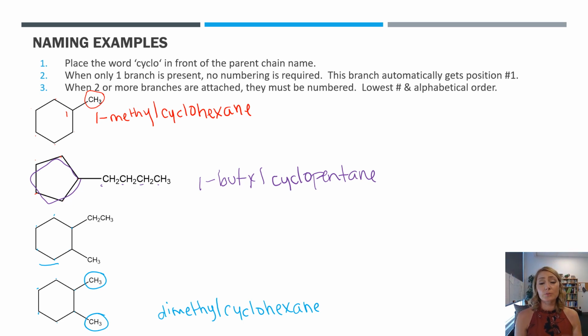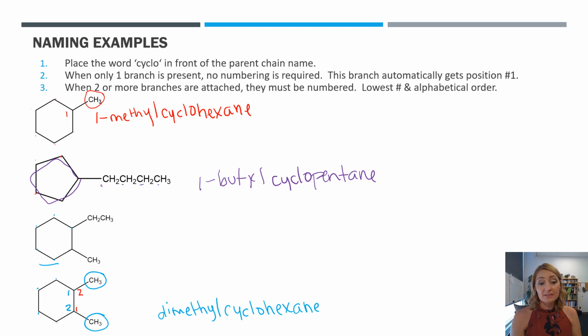What's very important, we're now at naming example number 3. We have 2 or more branches present, so we have to number these guys. So I could start numbering here 1, 2, or I can count going in the opposite direction, 1, 2. In either case, you have the same group.